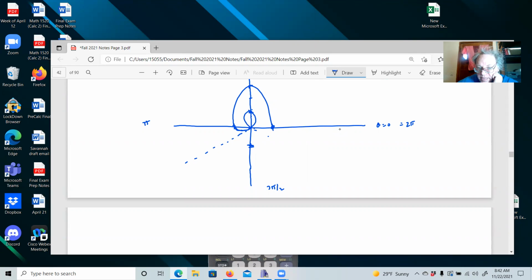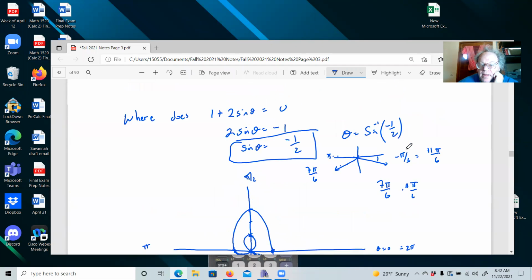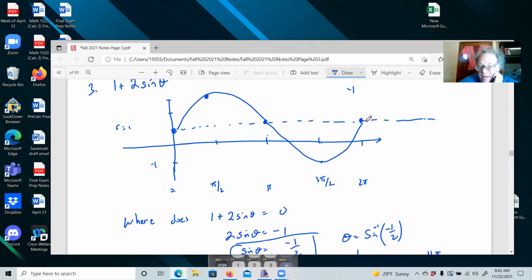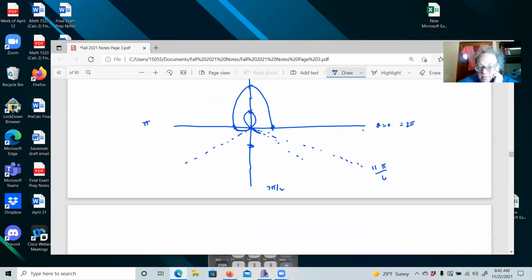So pretend that's 30 degrees. It doesn't look like it, I know. Trying to mirror that, that's 11 pi over 6. So it's coming out like this, and then we just go back up to 1. It should be symmetric.